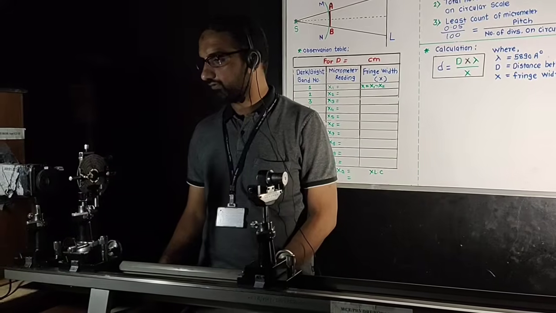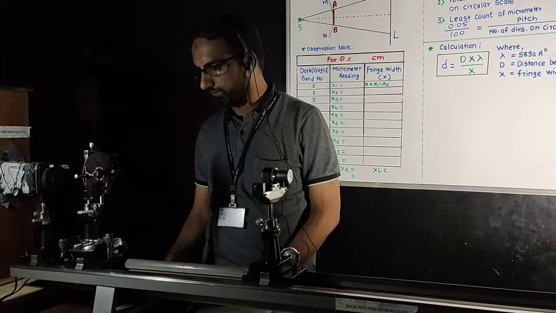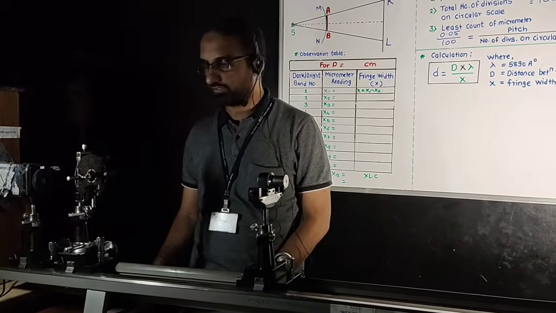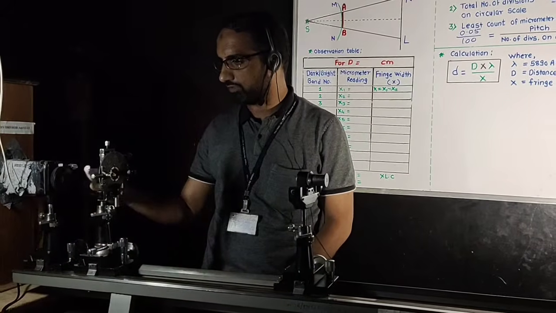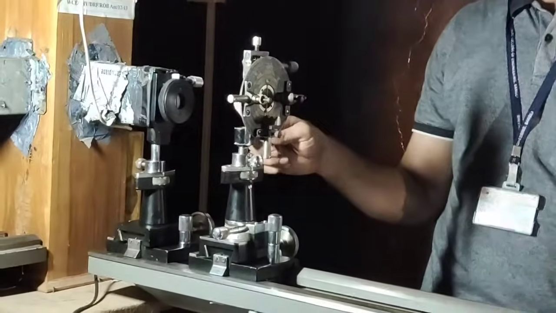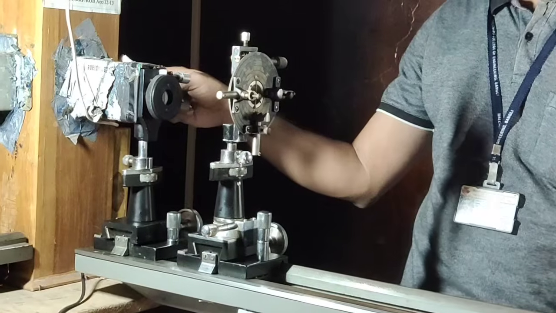Let us see the practical demonstration of cylindrical obstacle. In this experiment we are using an optical bench and different accessories. The first accessory is the slit, through which we can get the light. The source is a monochromatic source, a sodium vapor lamp.